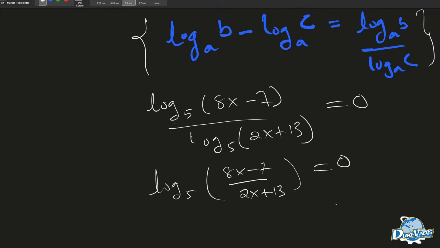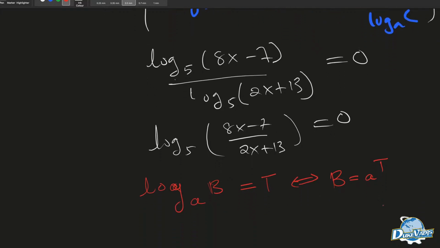Have you seen that? Now, since the base is 5 over here, when we get rid of that, we are going to apply one more principle as we saw earlier. That rule of logarithm is that if you have log to the base a of b is equal to t, this is the same as saying that b is equal to a raised to the power t.